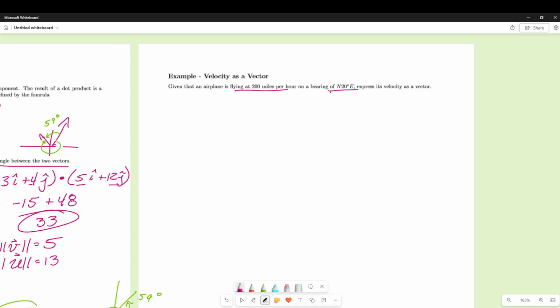It's getting a boost from that tailwind. Also, if you set your heading at due west, but you've got a crosswind, that crosswind is going to push you off course. So you might be pointing due west, but the plane isn't necessarily going due west unless you account for the wind.